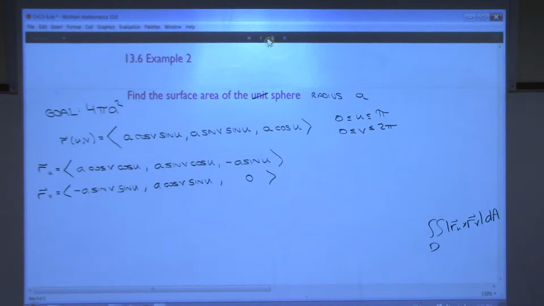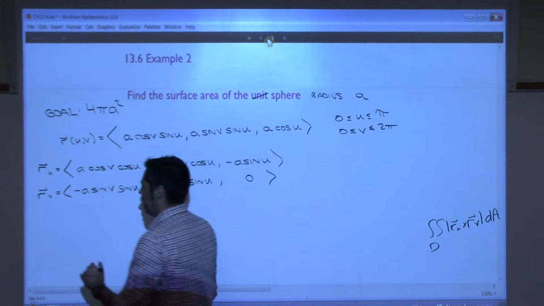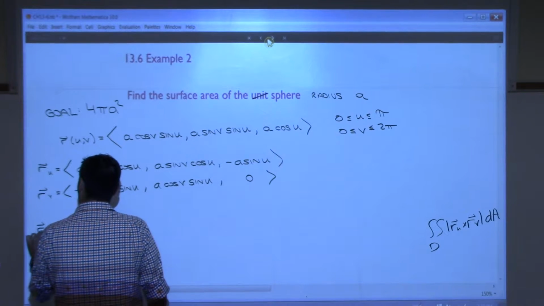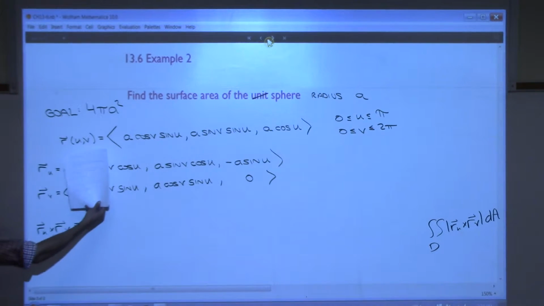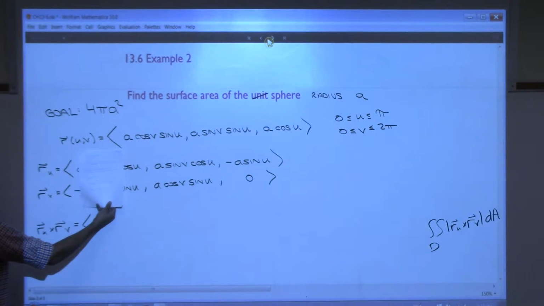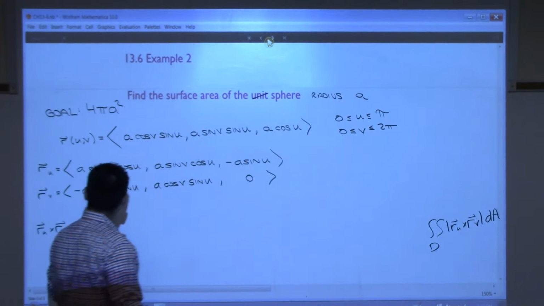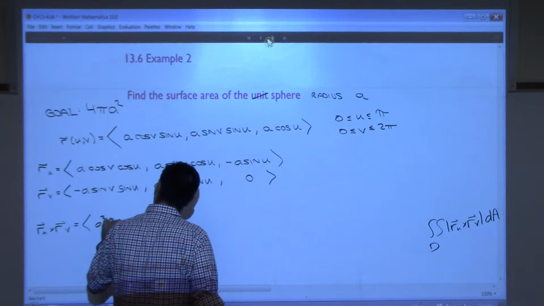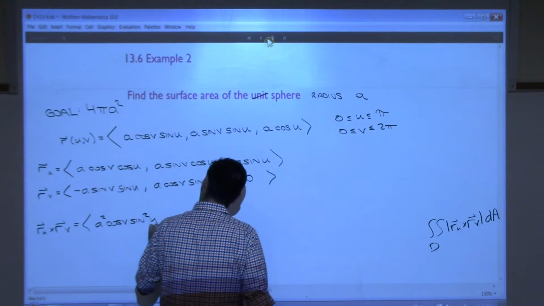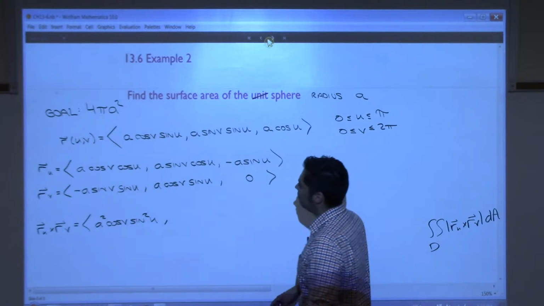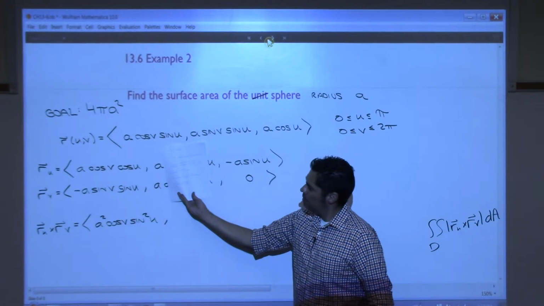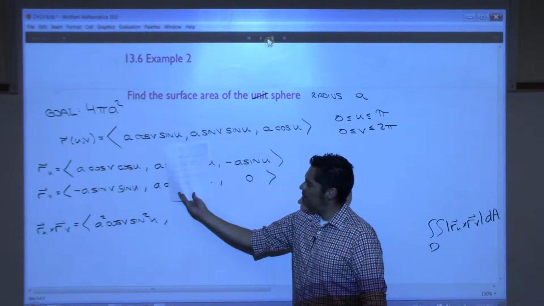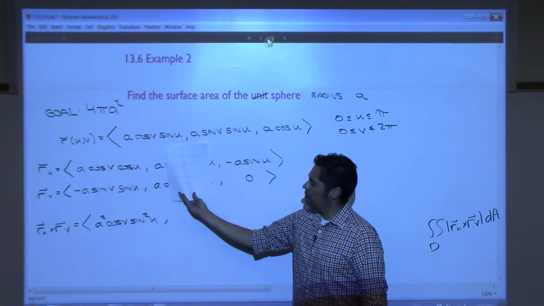Cross them. What do we actually have in there when we do our little crosses here? We get 0 there, and then we get a squared cosine v sine squared u. What's the next one? Cover this one. Will it be minus or plus? It's a plus, remember?